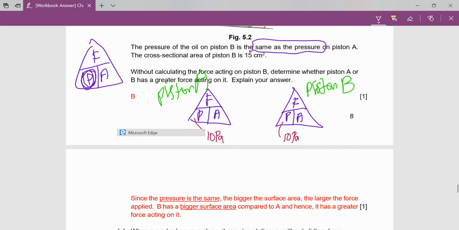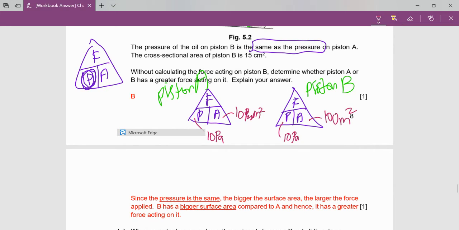Then we know this one is 10, let's say 10 meters square, for example. For piston B, it has a larger area, 100 meters square.